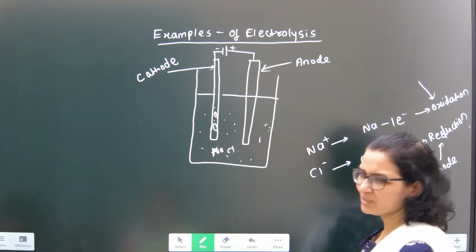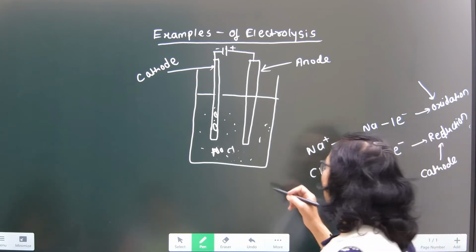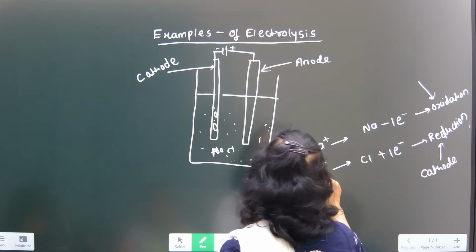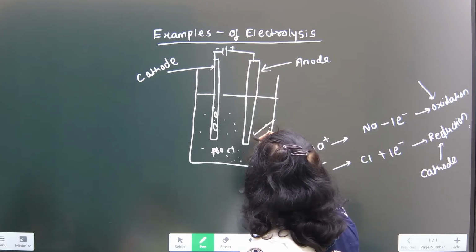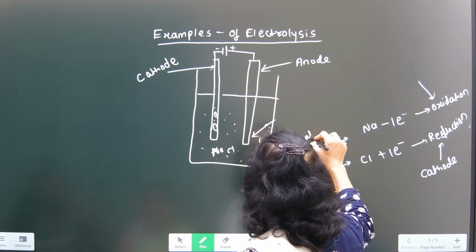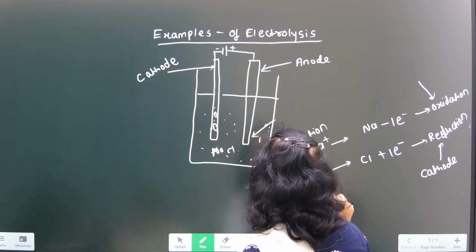Something is wrong. Cation कौन से है, anion कौन से है? Cations are Na plus and anions are Cl minus.